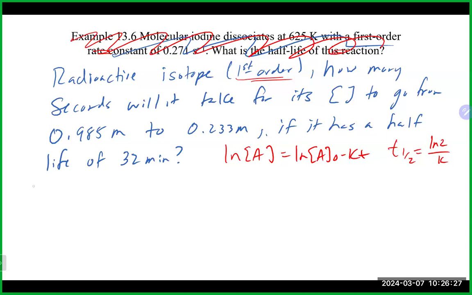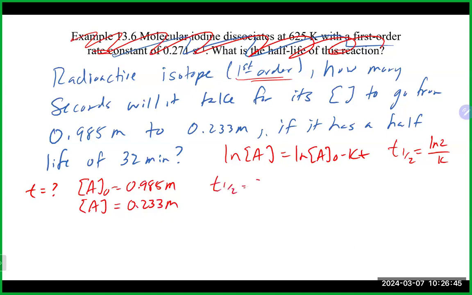All right, so let's see what we got going on. We're looking for time here, and we want to know how long it takes for our concentration. We have our initial concentration of 0.985, our final concentration of 0.233, and a half-life of 32 minutes. We want to solve for t, but I'm missing the rate constant.